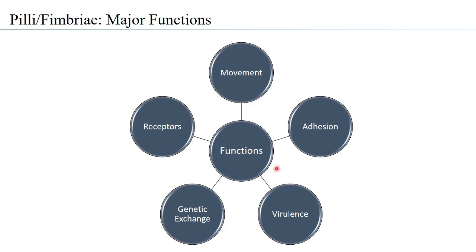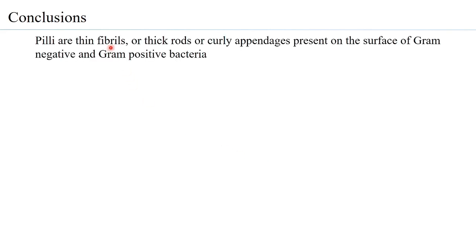So these are the major functions associated with pili and fimbriae, attributing to why pili and fimbriae are needed by the bacteria. So let us make the conclusions. Pili are thin fibrils, or they can be thick rods, or they can be curly appendages present on the surface of both gram-negative and gram-positive bacteria.